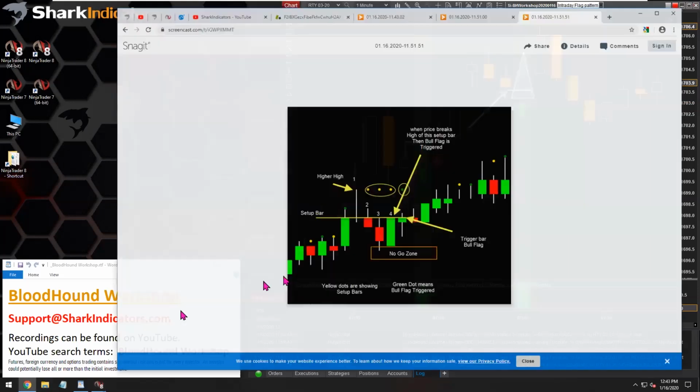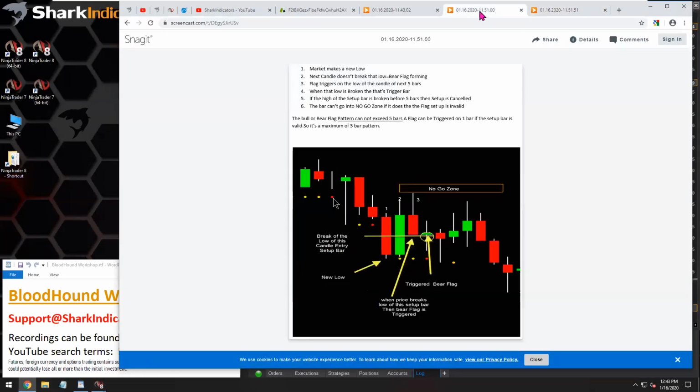The way I read this setup, I was thinking that this no-go zone would need to be extended forward in time, but it's actually only going to apply to the signal bar. Once we get a signal, you can't cancel that signal.